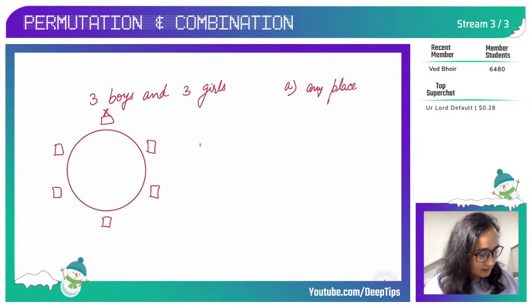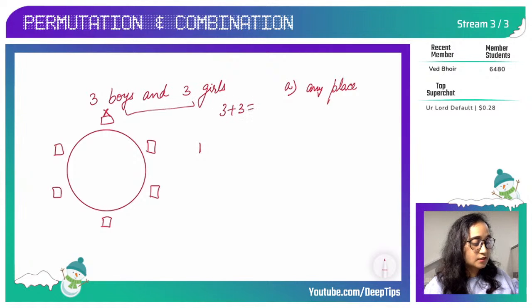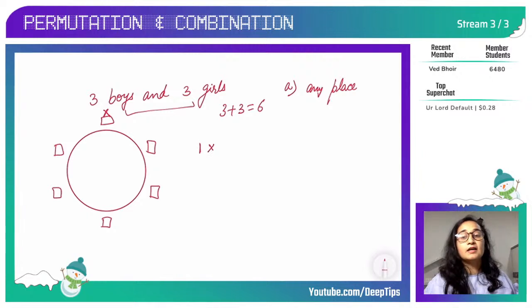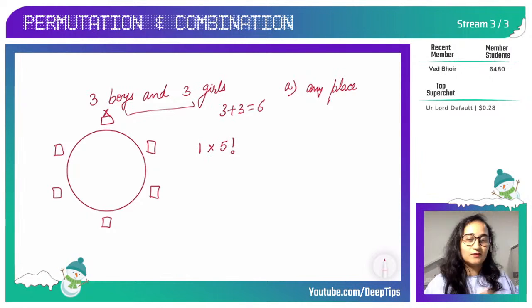So one place is fixed, so that one boy can choose his seat in only one way, but the rest, how many children? 5 children, because 3 boys plus 3 girls give me 6 children in total, and I have fixed the place for 1 child. So the remaining 5 can choose their places in 5 factorial ways.